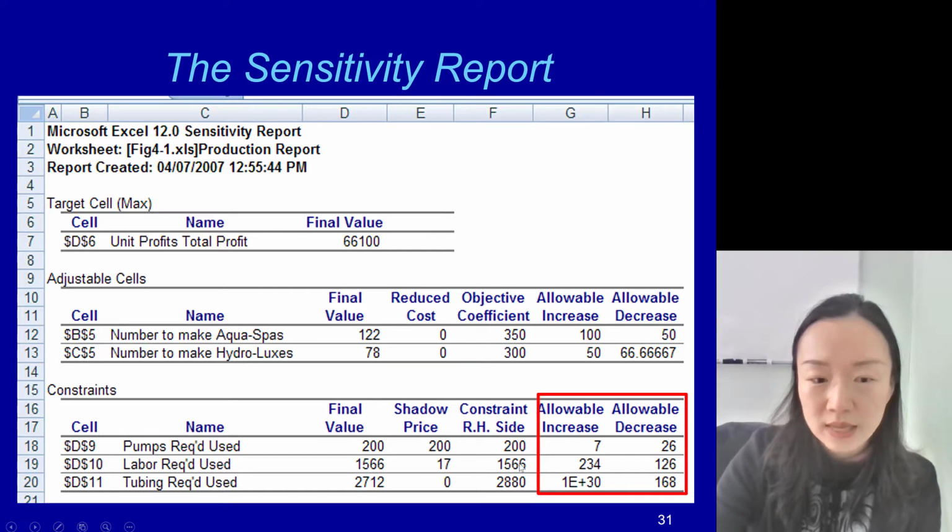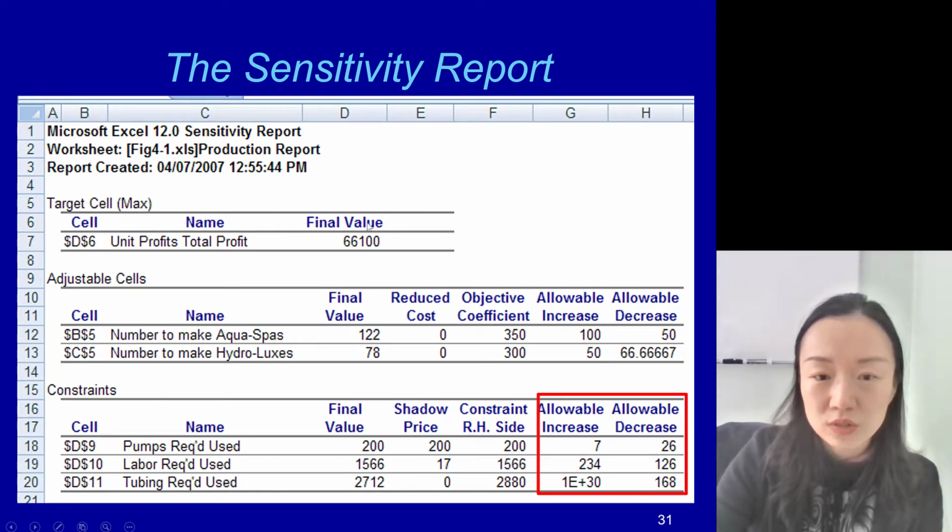Similarly, for the labor, you can decrease up to 126 units without changing this shadow price here. So if we take away 100 units of labor, then we're going to decrease our objective function value by 17 multiplied by 100. So that would be 1,700.